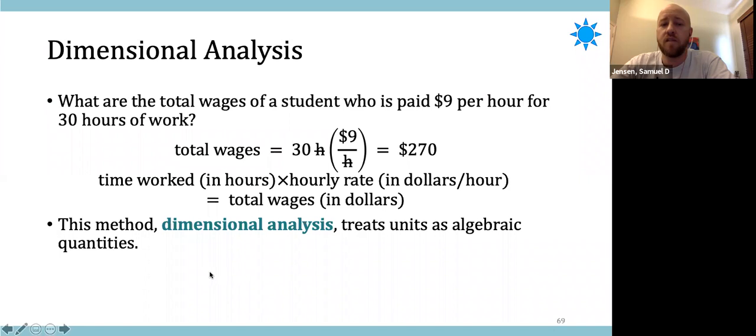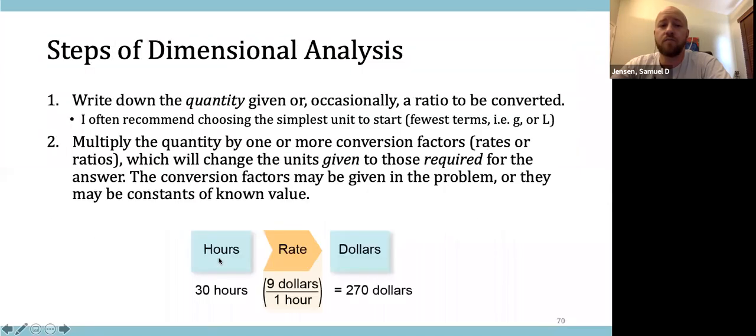We're doing chemical reactions, changing something from one molecule to another, going from mass to volume, and there are all kinds of changes to keep track of. It helps us make sure we're doing all of our multiplication and division in the right spot.